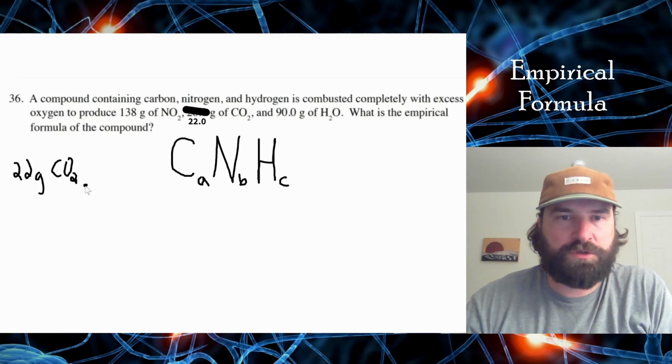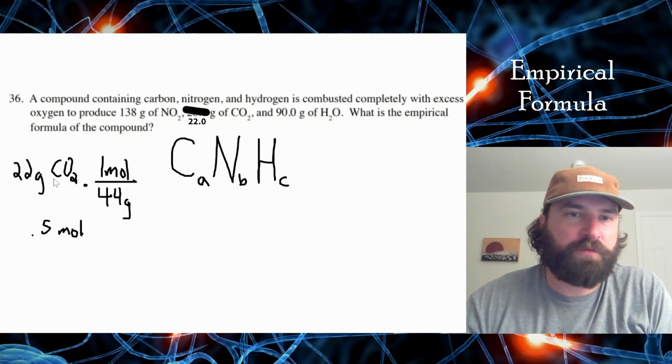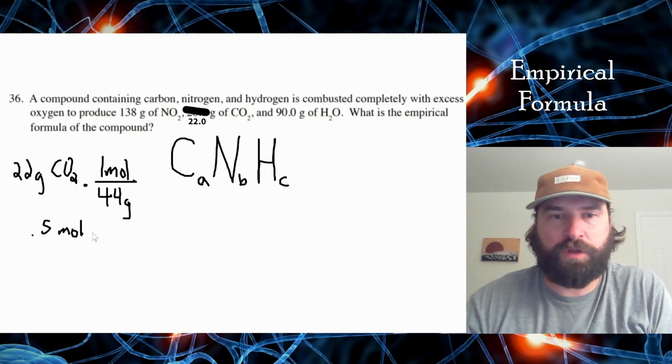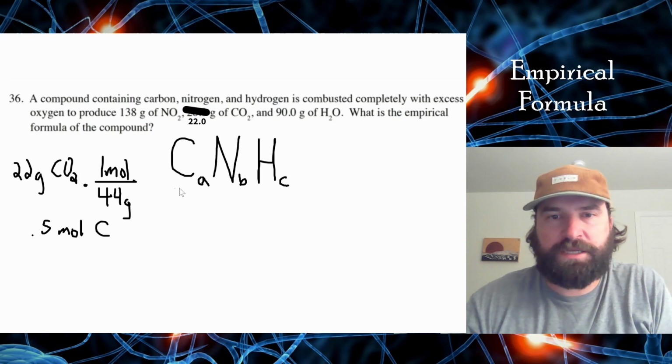CO2's molar mass is about 44 grams for every 1 mole, which is going to give us 0.5 moles of CO2 after we divide 22 by 44. And since there's 1 mole of carbon for every mole of CO2, there's also 0.5 moles of carbon in this situation.